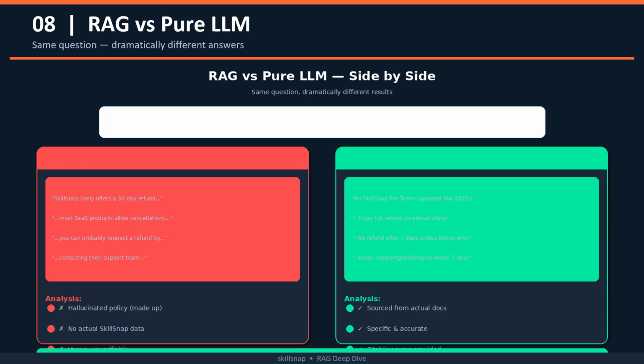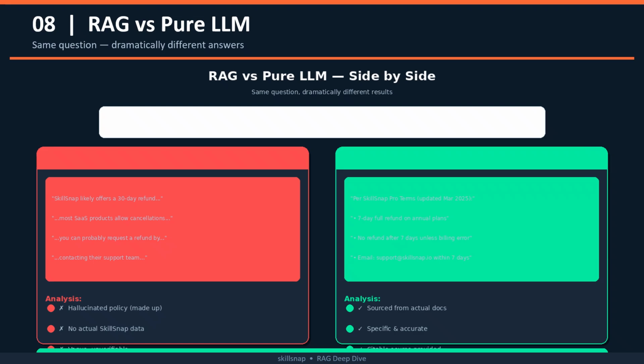Now coming to the last topic, that is RAG versus pure LLM. So if you see, for example, SkillSnap likely offers a 30-day refund, and most likely on the SaaS products, allows cancellation, and all of this is there.